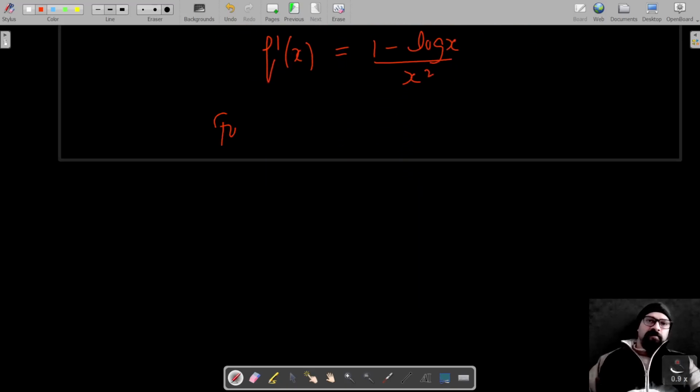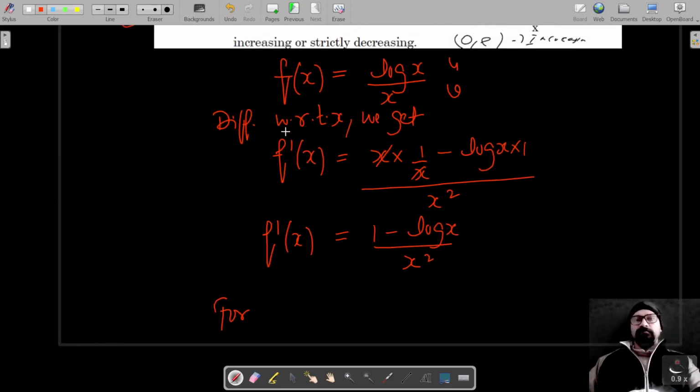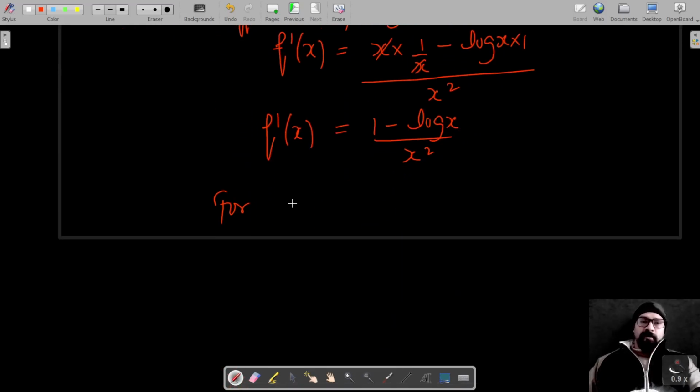Now let's find the critical points. For maxima or minima, or for the increasing or decreasing function, f dash x should be equal to 0. Let's find out the critical value of x.